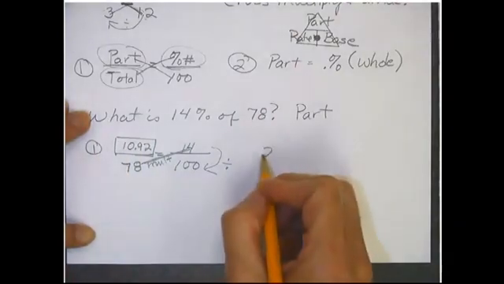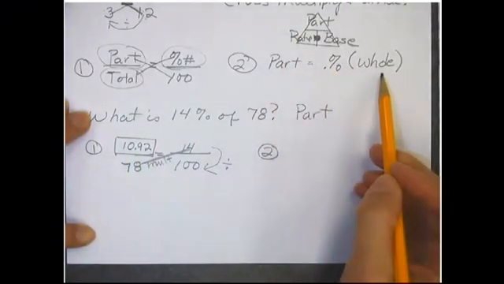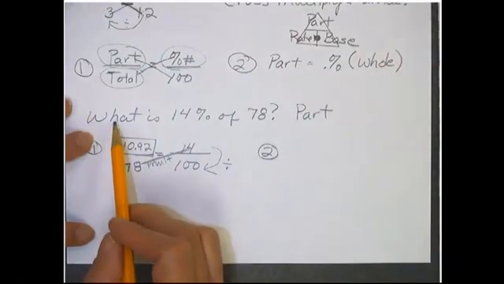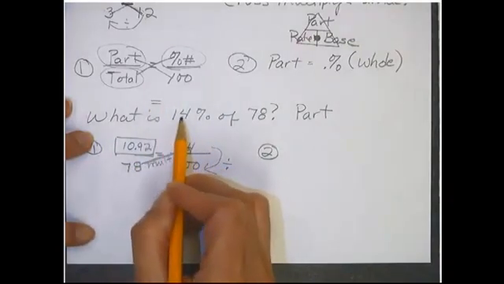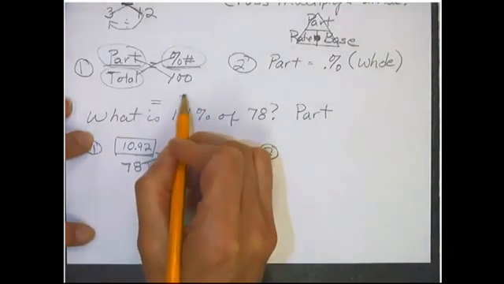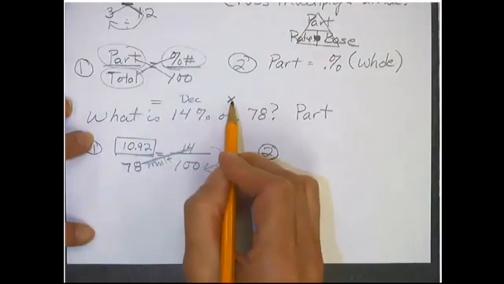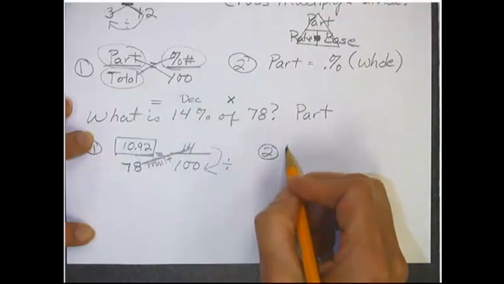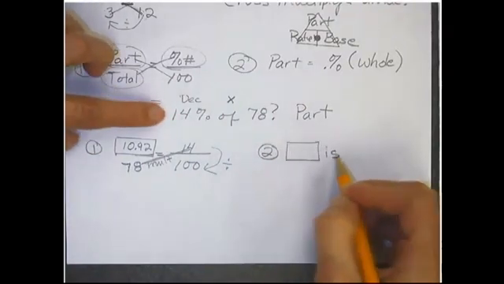Now the second method that I showed you was using the equation method, where part is equal to the percent written as a decimal times the whole. So let's go back to our problem. What is? Now, is can usually be thought of as an equal sign. We know how to write 14% as a decimal, and then of is going to be identified as multiplication. So I'm looking at what is 14% written as a decimal.